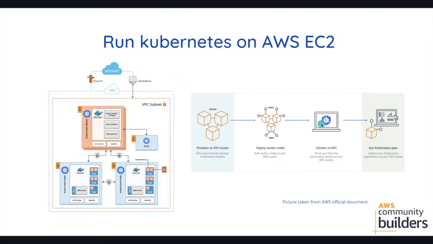Now let's understand the right side of the diagram. The right side talks about running Kubernetes with the help of AWS EKS. What it does is it has a master node and it deploys a worker node, and there is a portal called EKS where you run the application.